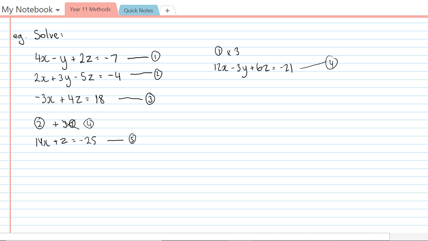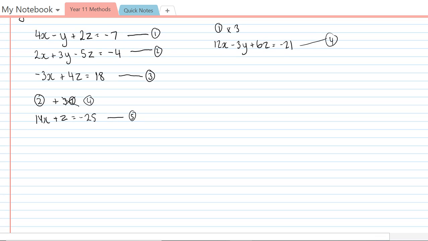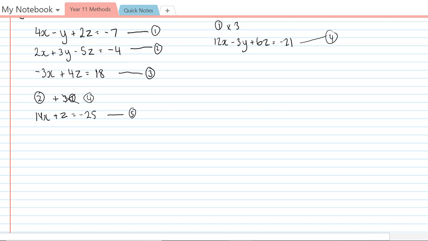Now I'm going to work on equation 5 and equation 3 together. I'll rewrite them down here: negative 3x plus 4z equals 18, and 14x plus z equals negative 25.